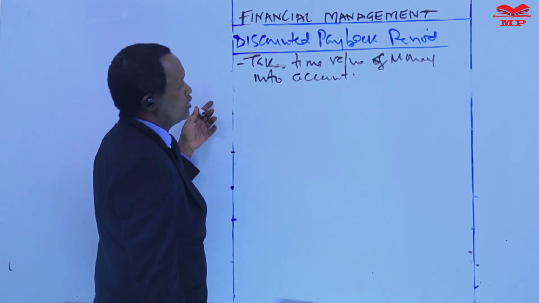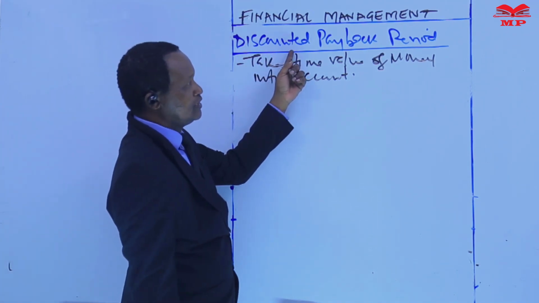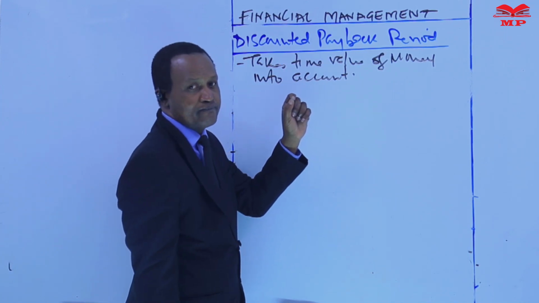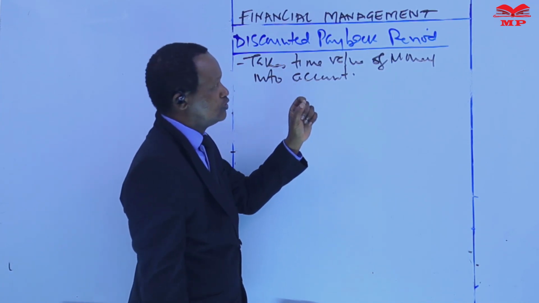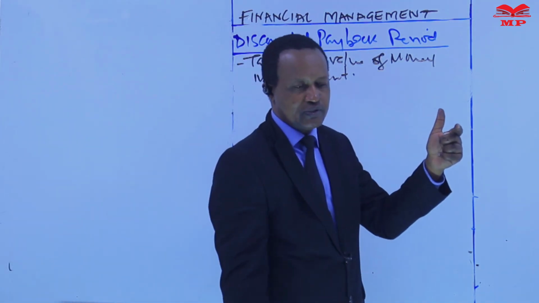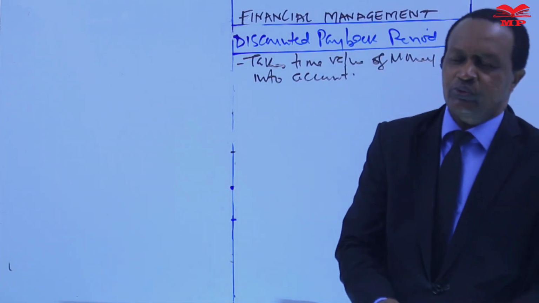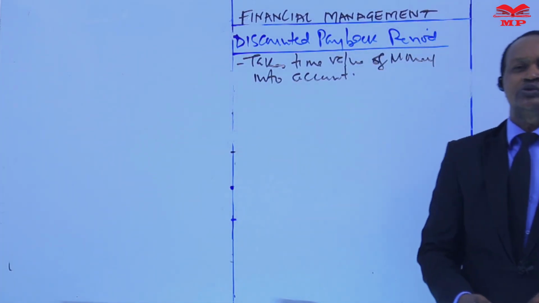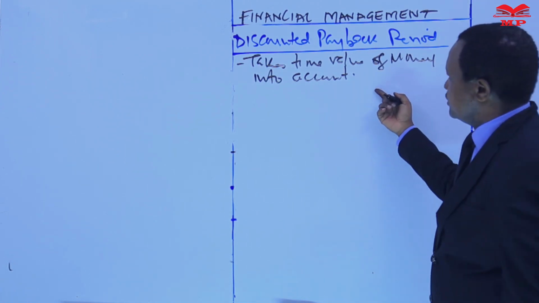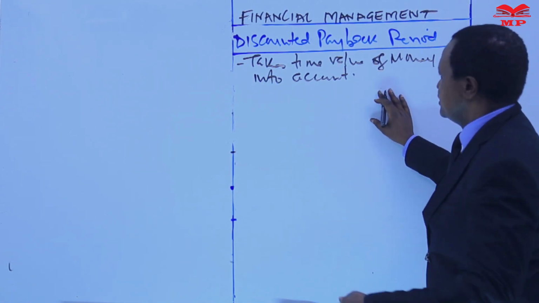How? By discounting the cash flows. So we first of all discount the cash flows, then we use the same method as when the cash flows are not discounted. So the only difference here is that the cash flows are discounted.